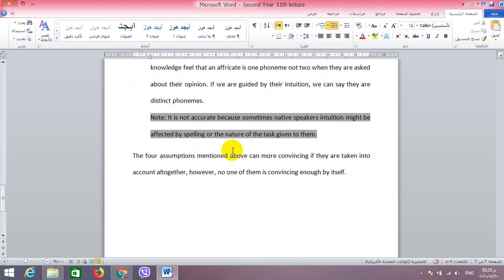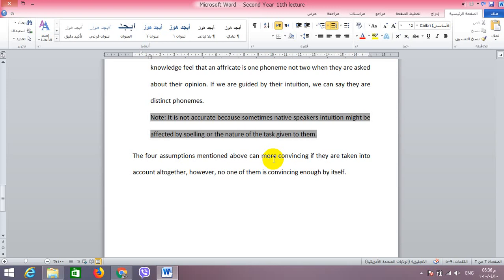But to conclude, we can say that the four assumptions altogether are more convincing than each one of them taken separately. So if we consider the four, we may have a more solid basis for assuming that ch and j are distinct phonemes.